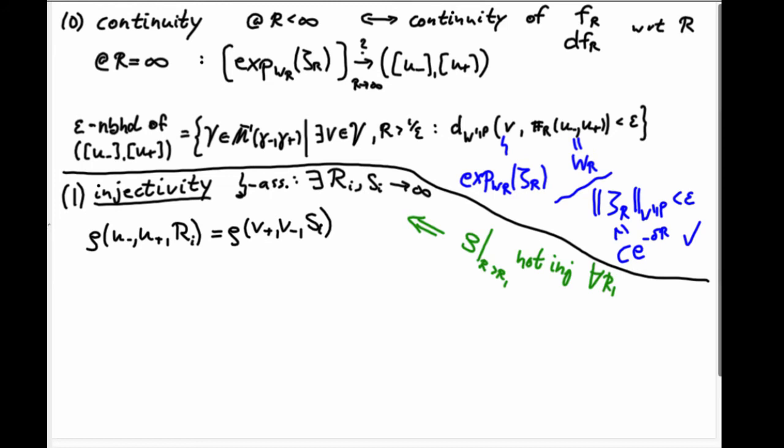They might be the same or different. So the goal now is to prove that for some large i, you actually need to have u minus equal to v minus, u plus equal to v plus, and Ri on the nose equal to Si. So that would contradict the assumption of not having injectivity.